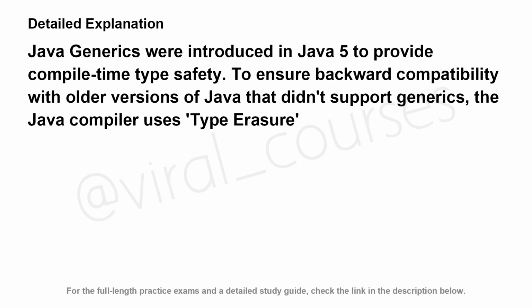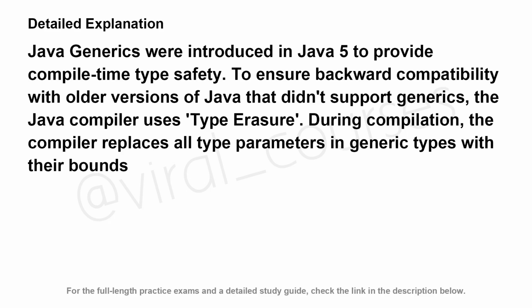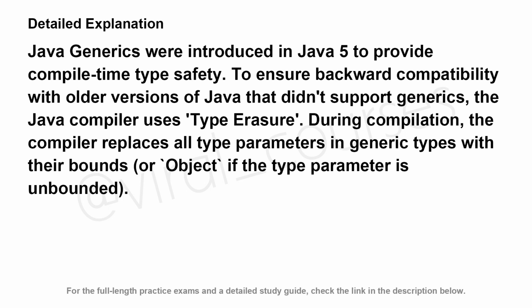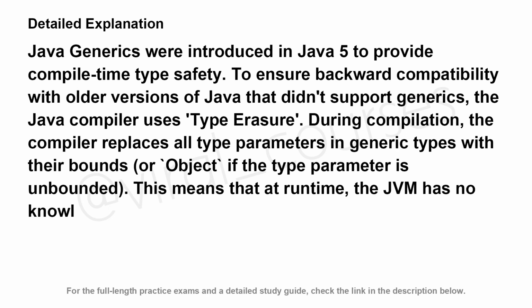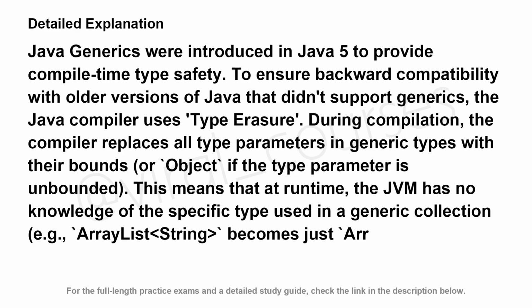During compilation, the compiler replaces all type parameters in generic types with their bounds, or Object if the type parameter is unbounded. This means that at runtime, the JVM has no knowledge of the specific type used in a generic collection. E.g., ArrayList<String> becomes just ArrayList.